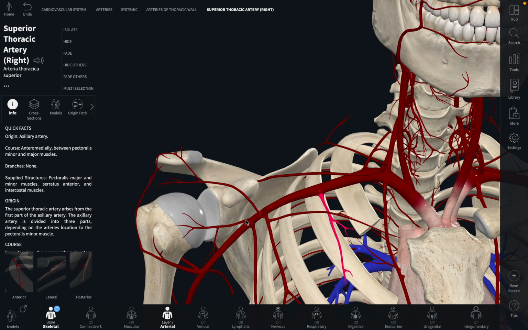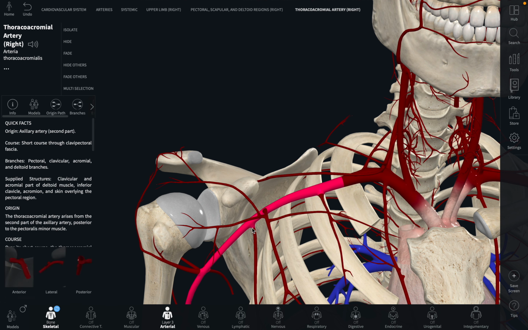So now the first part of the axillary artery gives only one branch, which is the superior thoracic artery. The second part is going to give you two branches. This is one, and this is the second.